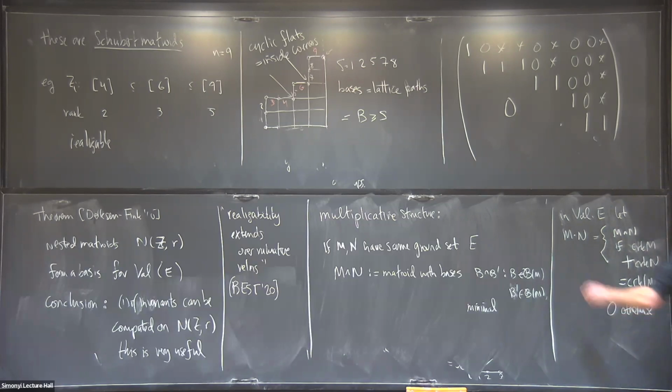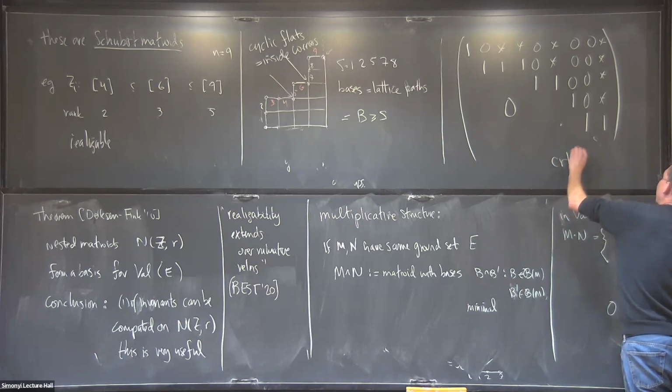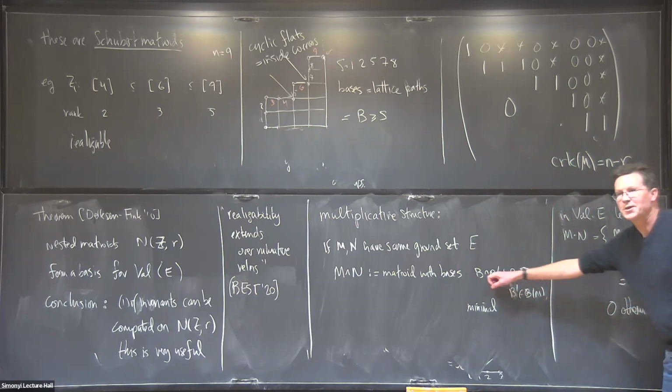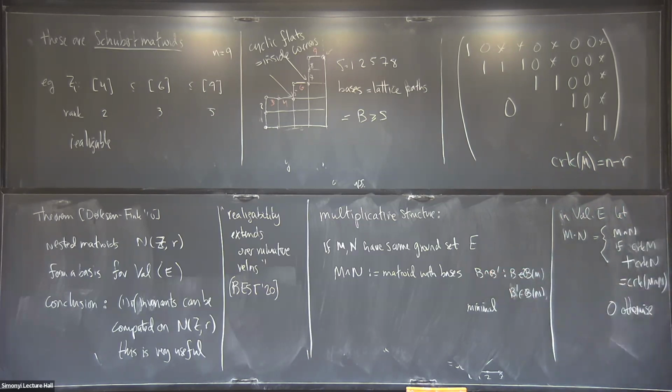This is co-rank, which is the size of the ground set minus the rank. If you look at what the expected size of this intersection of two bases would be, it's geared so that this co-rank would add up. But that might not be what you get, in which case we better forget it.